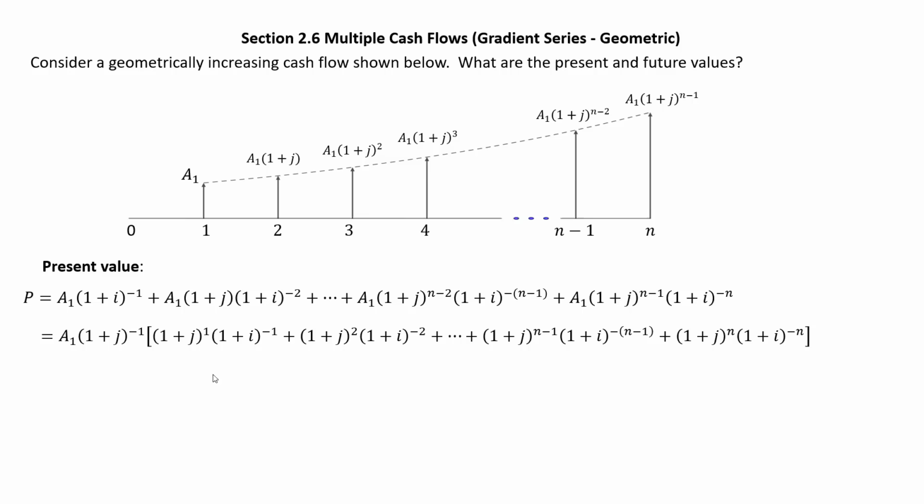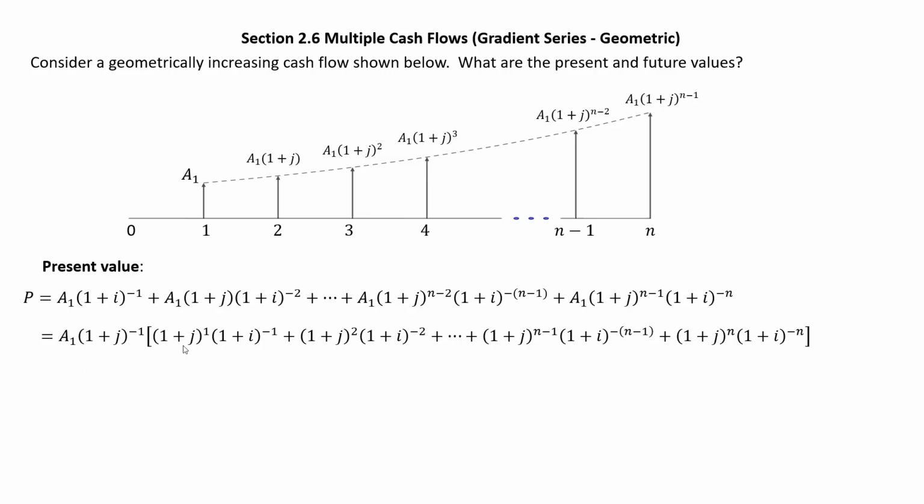I think I could have recognized that this thing is a geometric series with r equals (1 plus j) times (1 plus i) to the negative 1. As simple as that. Why didn't I think of that? Oof. Okay. All right, anyways, I apologize. I factored out A1 times (1 plus i) to the negative 1.